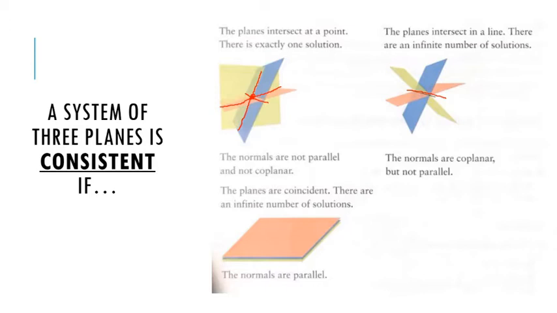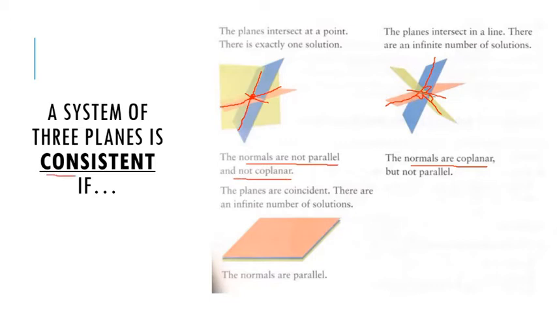So you could picture a normal coming out at a right angle along the red plane, a normal coming out at a right angle along the blue plane, and a normal coming out at a right angle along the green plane. If you spun that normal around, you would create a plane. So these 3 normals are all on the same plane. So the normals are coplanar in this case. Here, the normals are not parallel and not coplanar. This is more of a randomized situation.